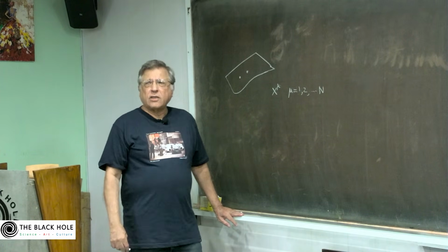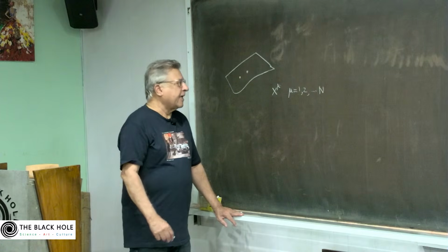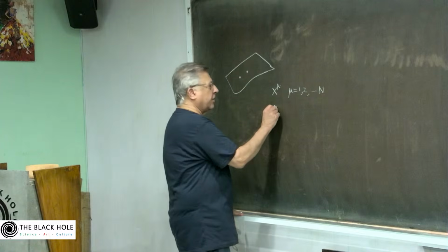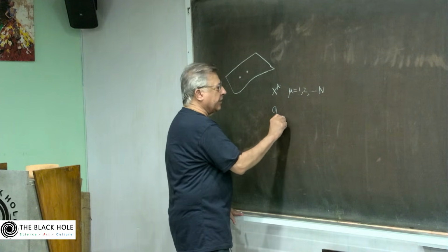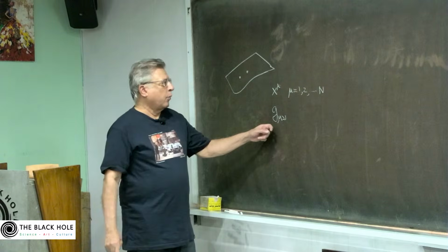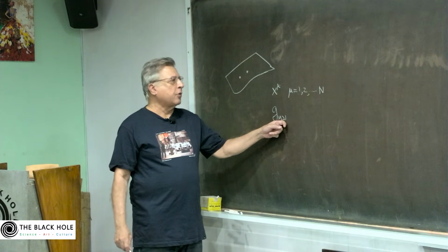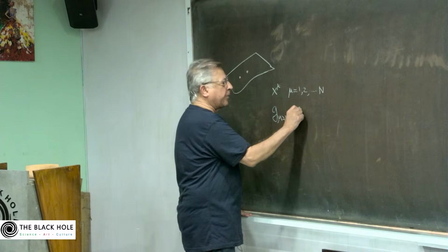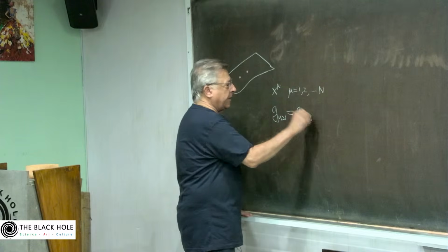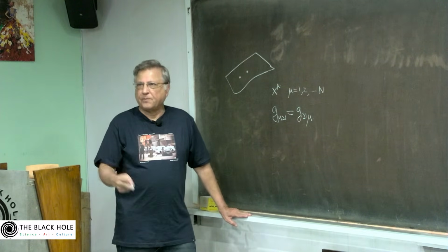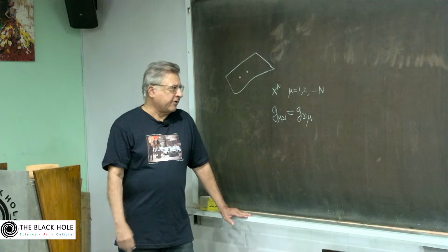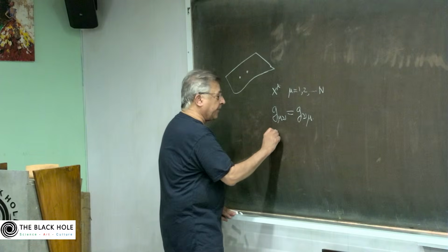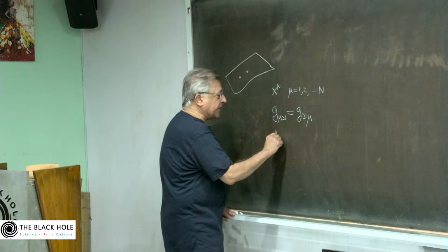Okay, now on this manifold, there is a measure of distance which we will call the metric, g_mu nu, where again mu and nu run from 1 up till n, and this will have the property that it is symmetric. If you flip mu and nu, that remains unchanged.